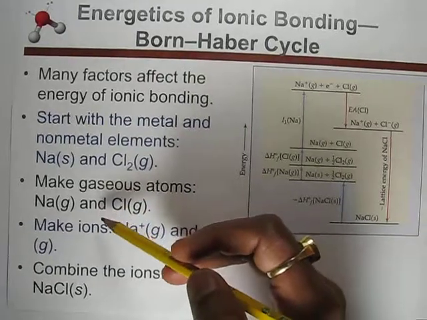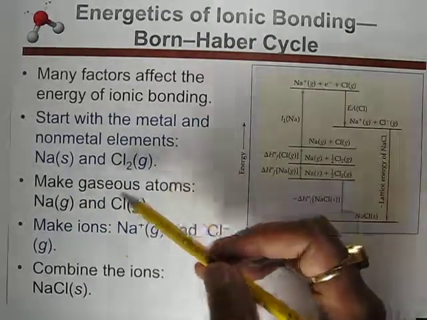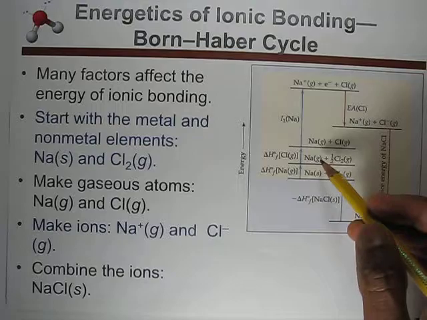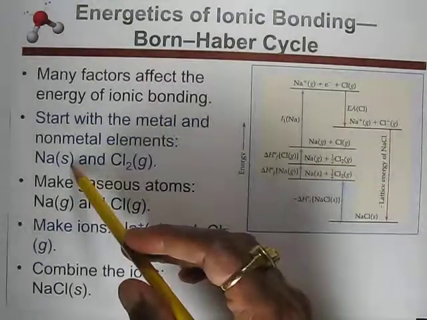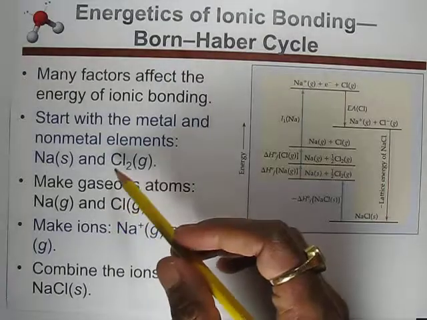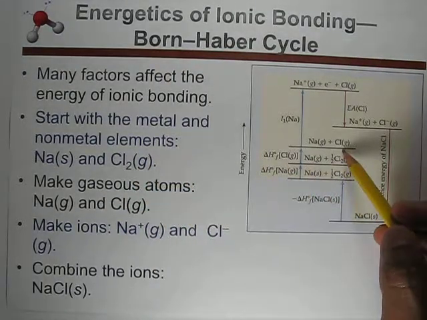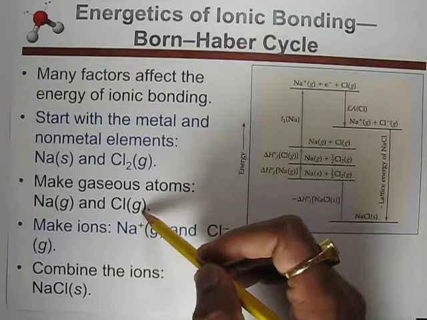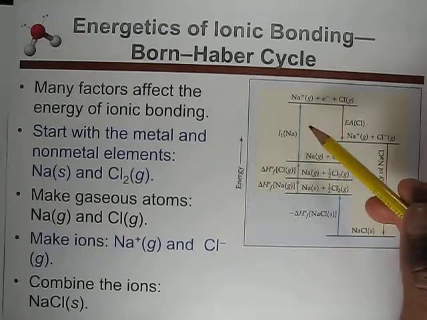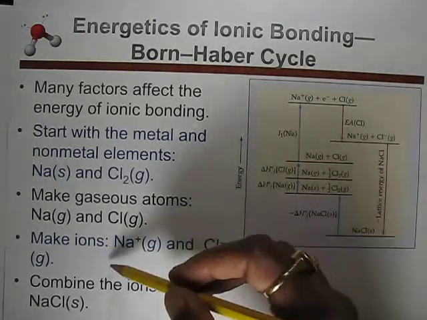First we need to give some energy to make gaseous atoms. Solid sodium metal changes into sodium gas, and chlorine changes into chlorine atoms in gaseous form. Then they need some more energy to form the sodium ion and the chloride ion.